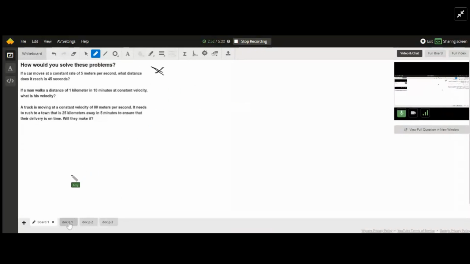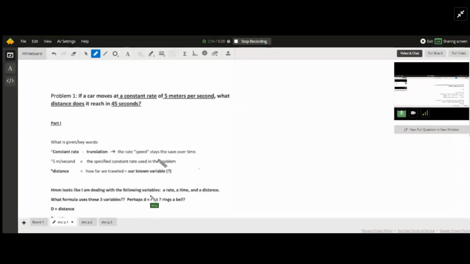So here's the problem. Now, I'm going to read the problem to you and review some tips about how to tackle it. It'll start real basic, and then when we get to part 2 and 3, build on some of this. It basically says a car moves at a constant rate of 5 meters per second.